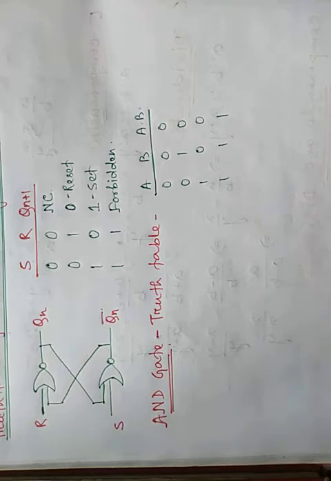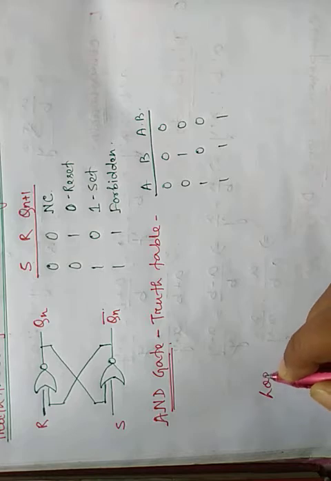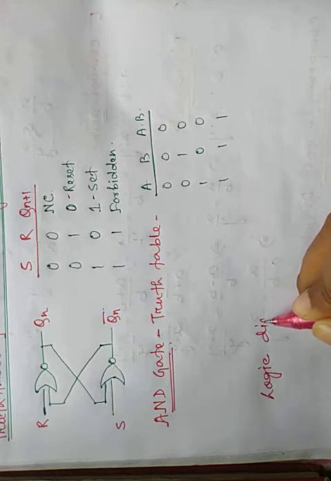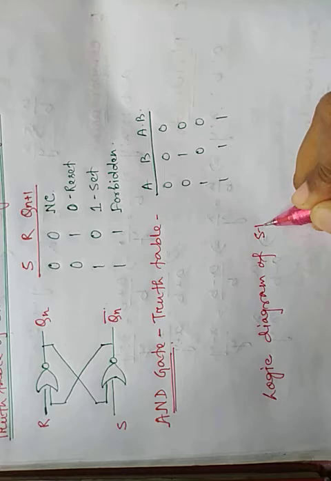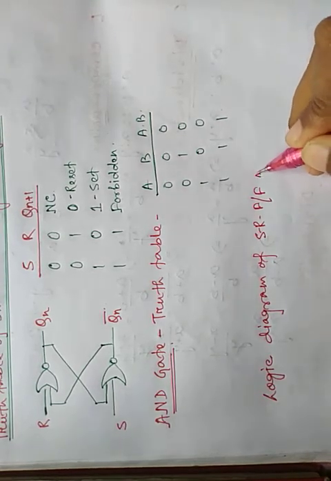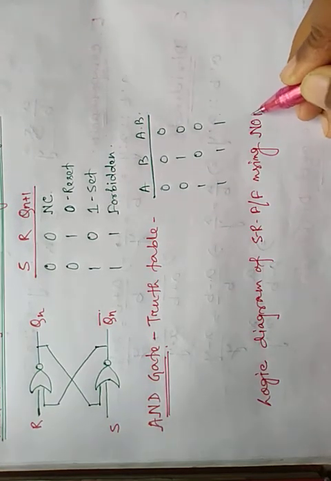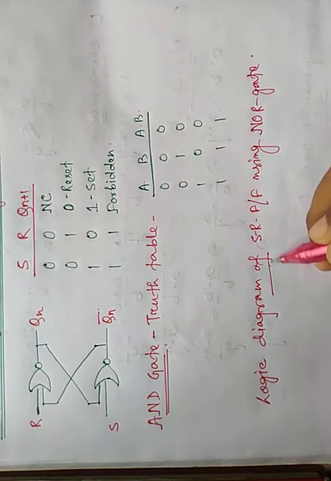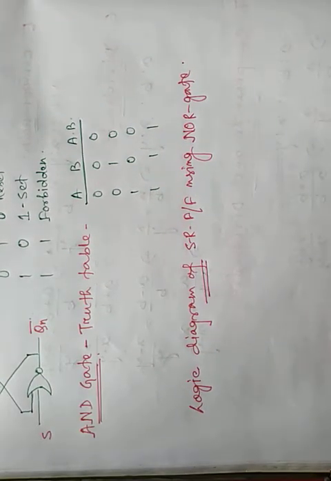So now we are going to draw the logic diagram of SR flip-flop using NOR gate. Let us see what we should do in order to add the clock pulse.